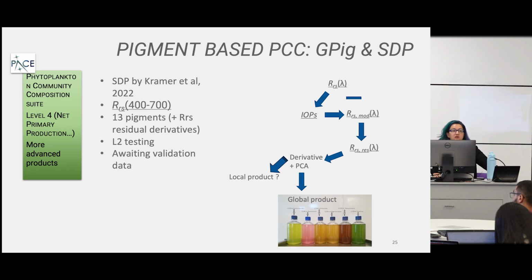Pigment-based PCCs are something called GPIG, which is a Gaussian pigment, and SDP, which stands for spectroderivative pigments, or Sasha Dillon pigments. SDP was published by Sasha and Dillon.